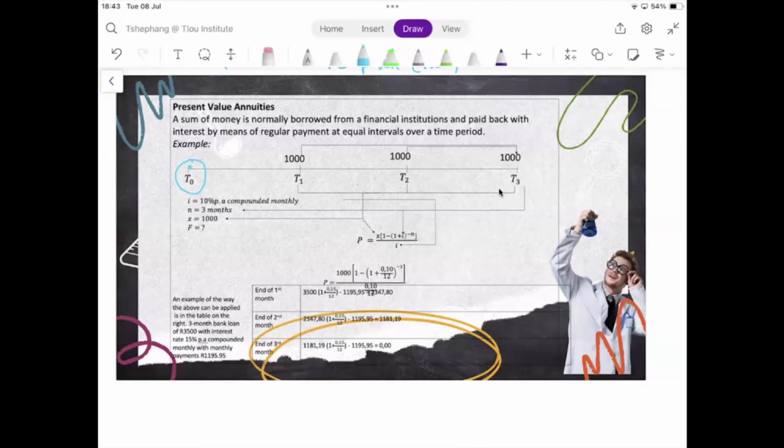Okay, this is where you go to the bank. Now, at the end of the month, that's when you start making payments. So if I went to the bank now, I want money to start a business, maybe they'll grant my loan tomorrow or before the end of this particular week. Then they'll say, that's fine. You can take the money. Then your first payment, we need it at the end of July. Second payment, end of August.